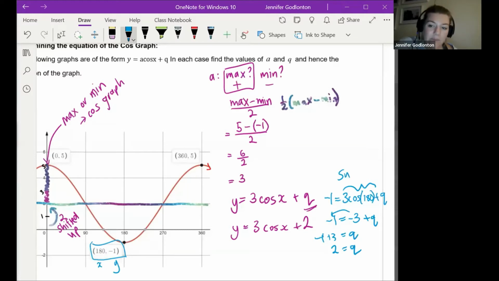So you can either do it by finding that center line, or you can do it by subbing in values. Either way, you'll get to the right place.